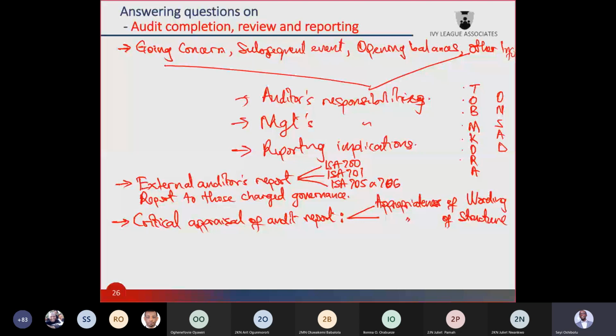Next, appropriateness of opinion. Sometimes you may have to argue against the opinion recommended in the draft.